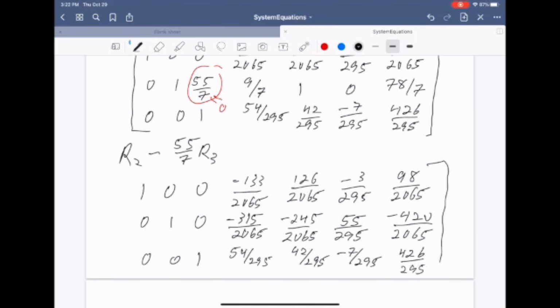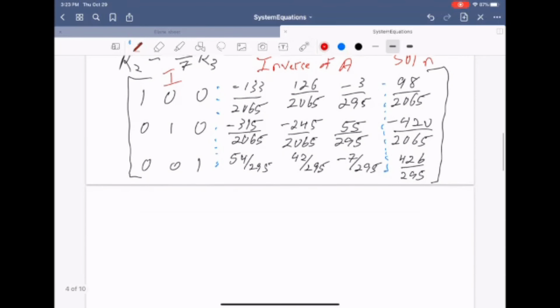All right, and now let's look at this augmented matrix, and we find that the solution, all right, this is the solution. This is the inverse of A. All right, that's A inverse, and this, of course, is the identity matrix.